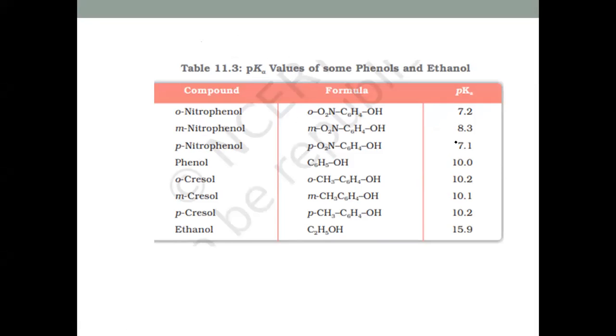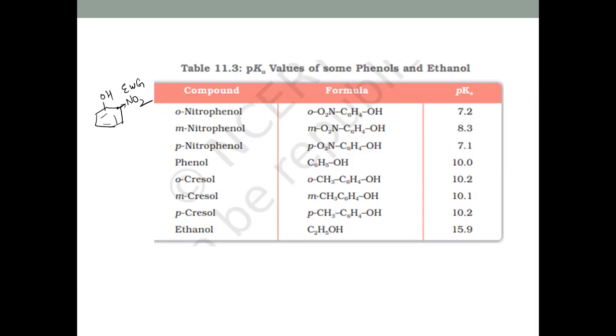If you look at the pKa values of the substituted phenols, this is nitro substitution, right? This is phenol and this is orthonitrophenol. We know that nitro is an electron withdrawing group. So if electron withdrawing groups are present on the phenol ring, this will increase acidity.